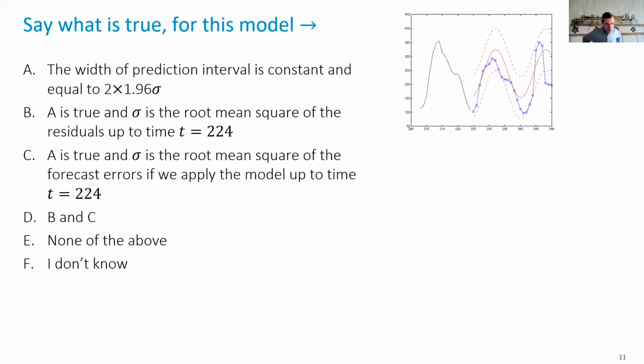Voila, a little quiz. For this model, which is not the virus growth, but the periodic traffic on an internet link from an American operator, what can we say about the width of the prediction interval? So time 224 is the time t.